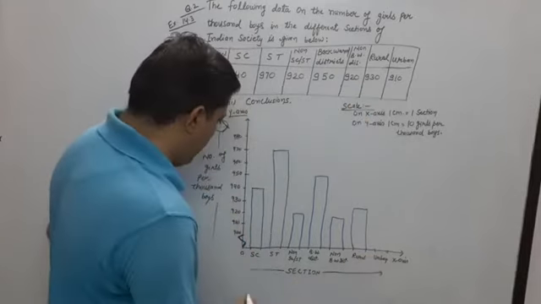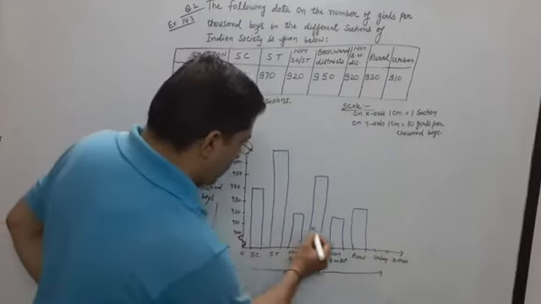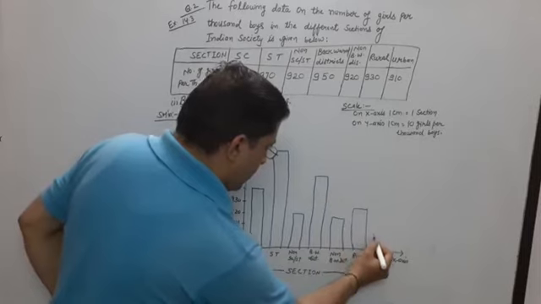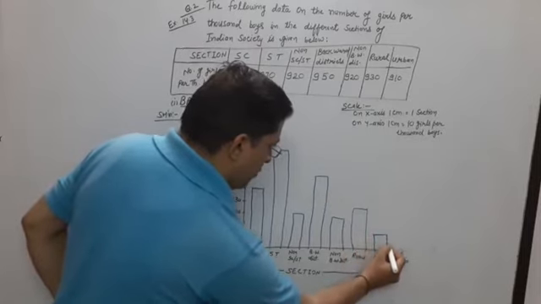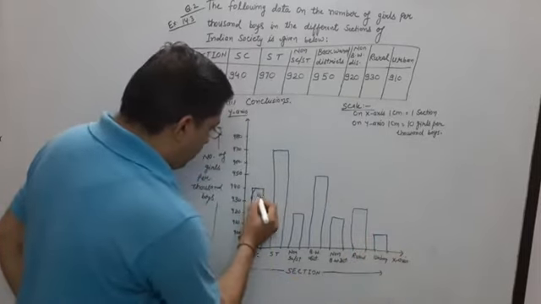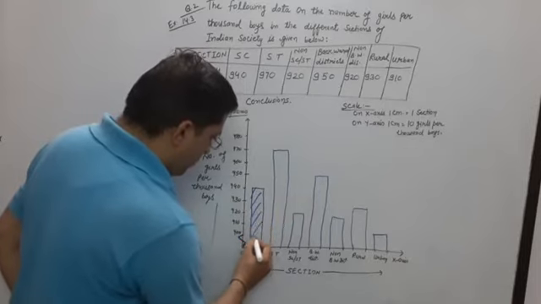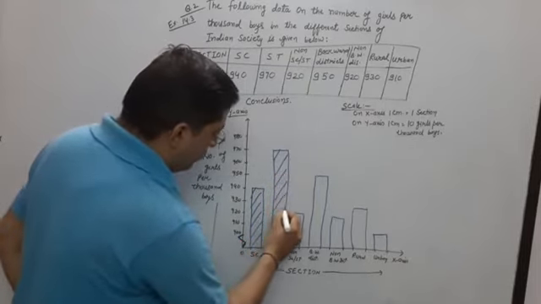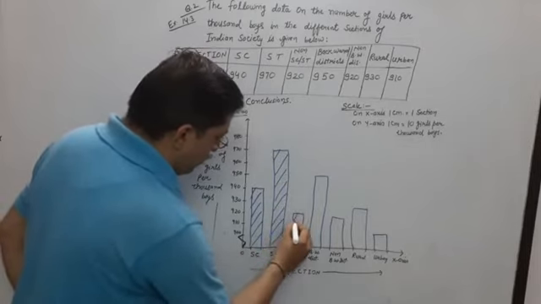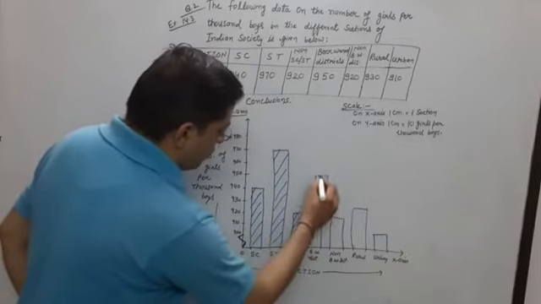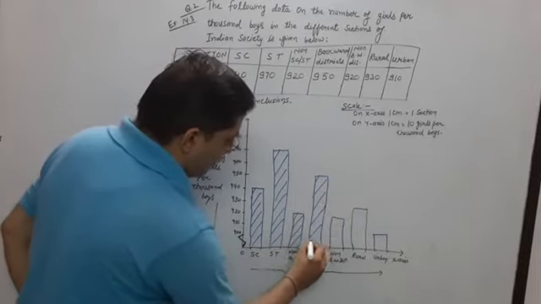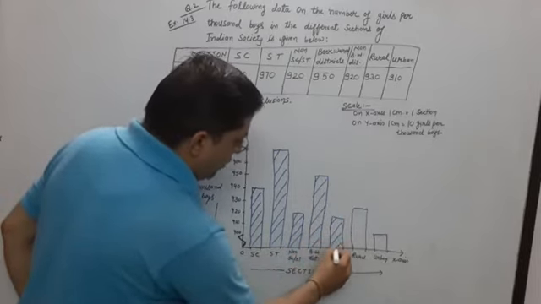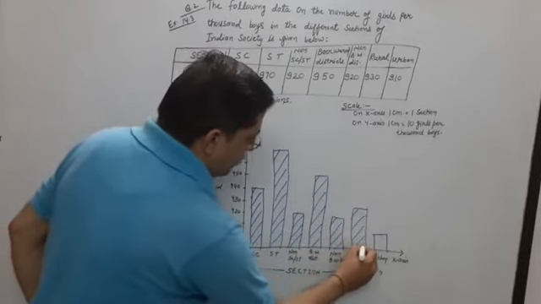This is 910. 910 is here. After that you have to shade it. Then it will look good. Like this you have to shade.